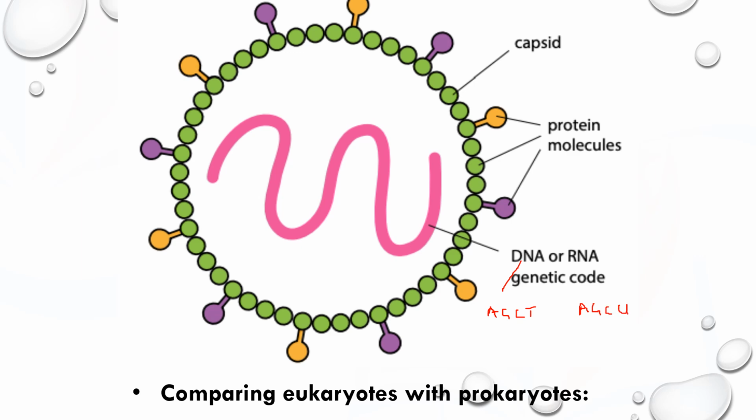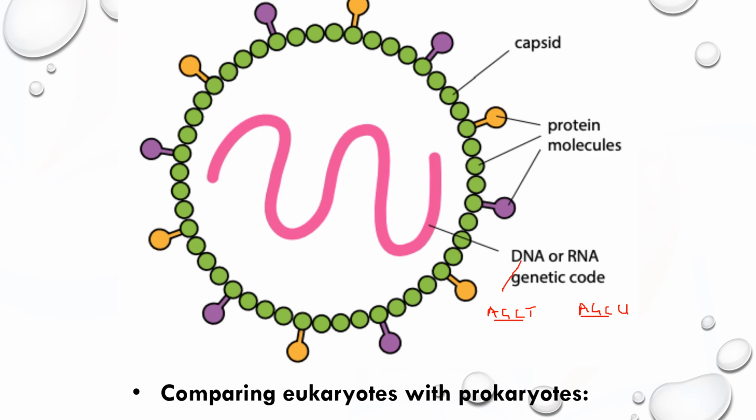So a virus will always have these three bases, because they are found in both DNA and RNA. Remember that the sugar in DNA is deoxyribose. So a virus can either have deoxyribose or ribose, which is RNA.